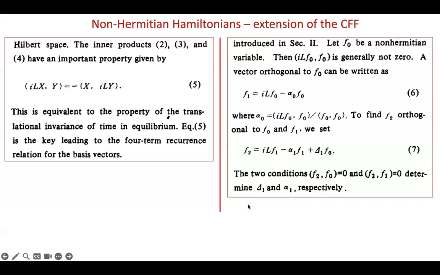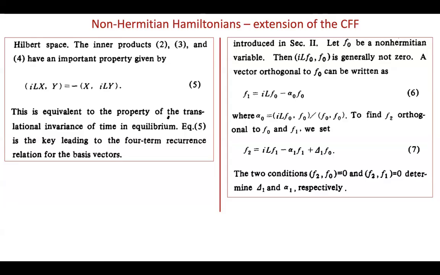Of course, we have the usual conditions that F1 should be orthogonal to F0, F2 must be orthogonal to both F1 and F0, and so on. And these are the driving conditions that help us construct the generalized formula for the recurrence relation, giving us the Fs.